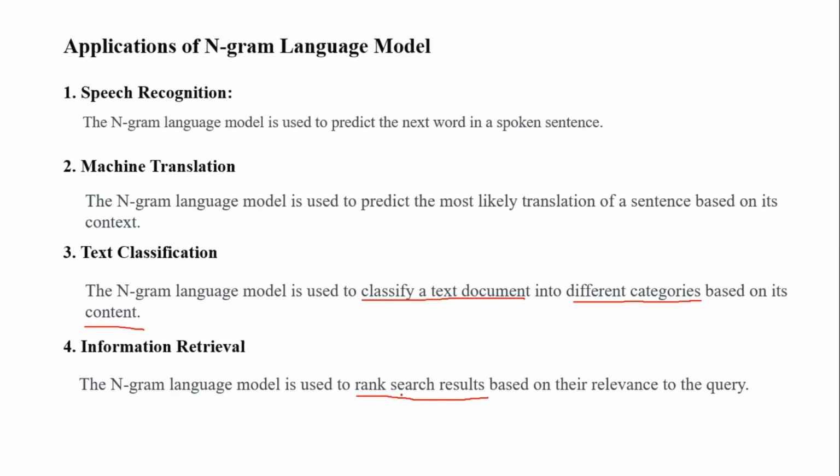So it is used to rank search results based on their relevance to the query. The document which is more similar to the query will be ranked first, followed by second. Like that, documents will be retrieved one after the other based on their relevance to the query. So these are a few applications.